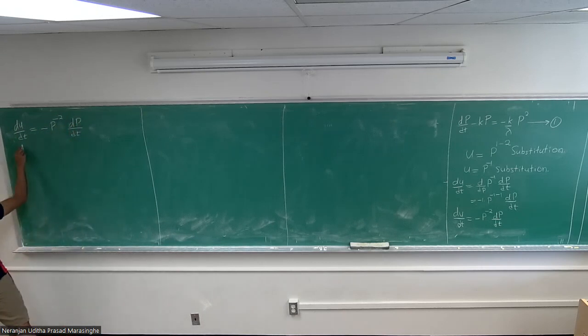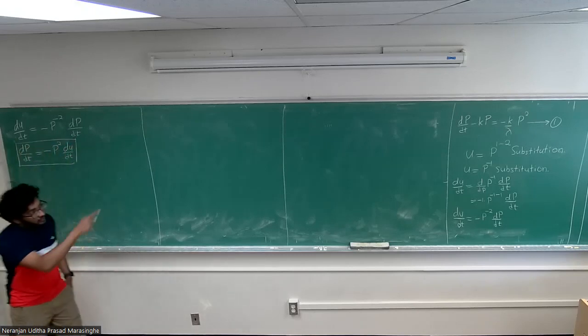So what is dp over dt? That is negative p square du over dt. Right? I would multiply both sides by a negative sign as well as p to the power 2. Then I would keep this. Now this is dp over dt.